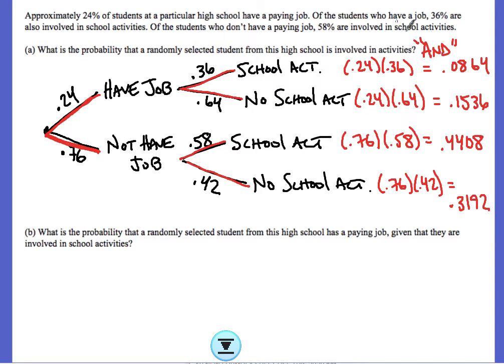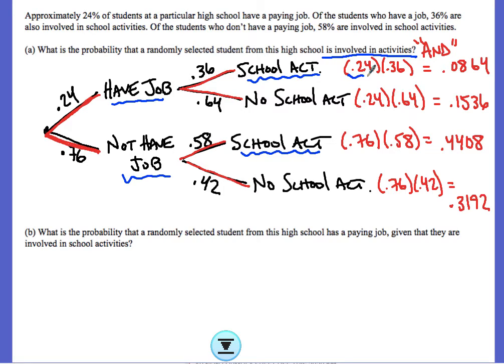So I haven't even really read the question yet. It says, what's the probability that a randomly selected student from this high school is involved in activities? Well, look, I can be involved in activities this way, having a job and being in activities, or I can not have a job and still be in activities.